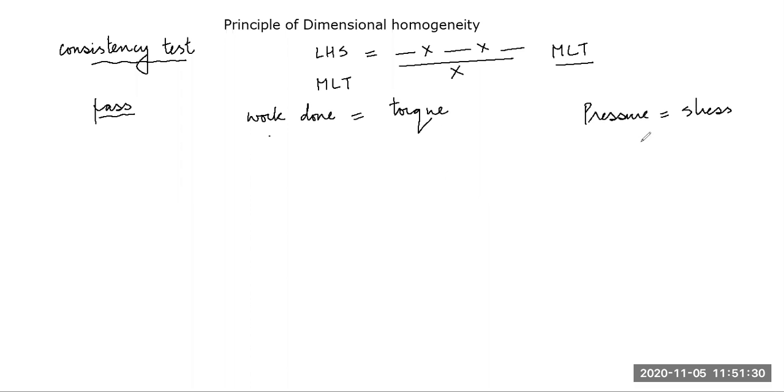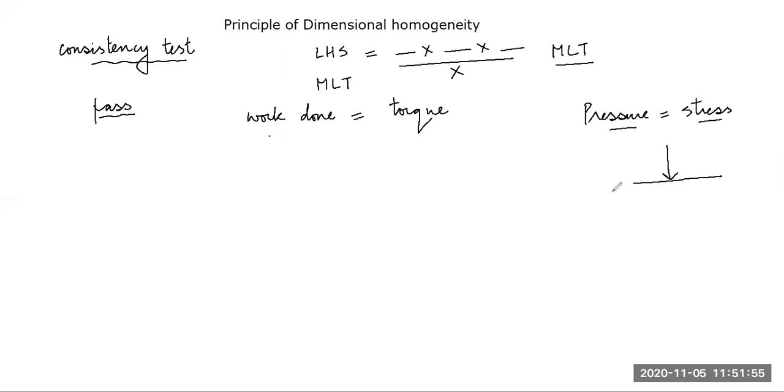Both the equations are wrong because pressure is not stress. The stress can be pressure if the forces are applied perpendicular to the area. But if the forces are at an inclined angle, then that doesn't constitute pressure. But the MLT of pressure and stress are the same.